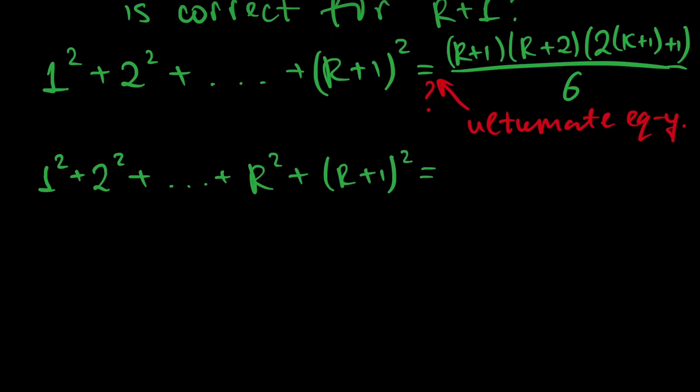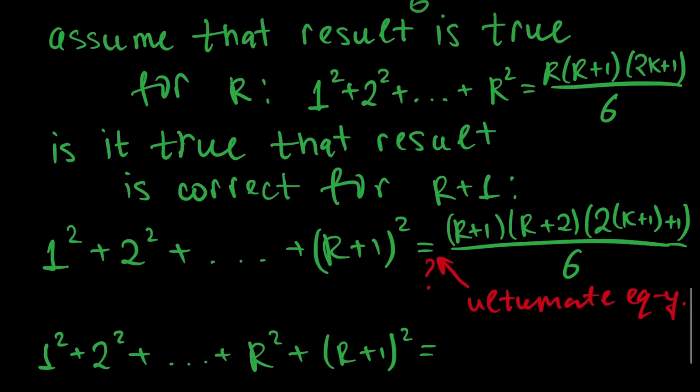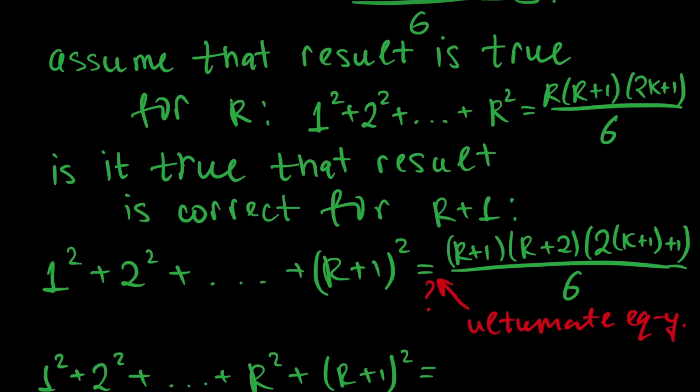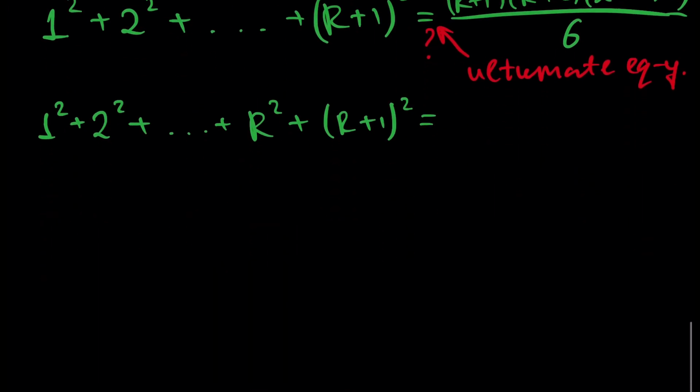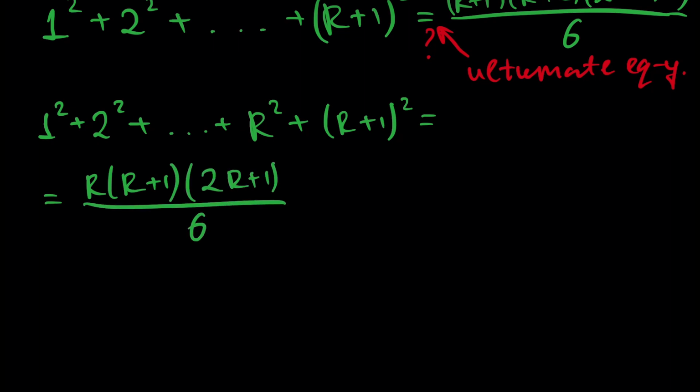Using the assumption, this is equal to this. So we rewrite it and we will have k times k plus 1 times 2k plus 1 divided by 6 plus k plus 1 squared.